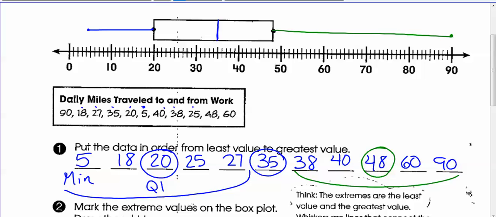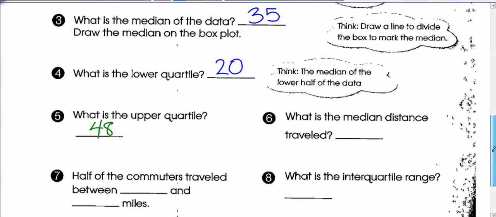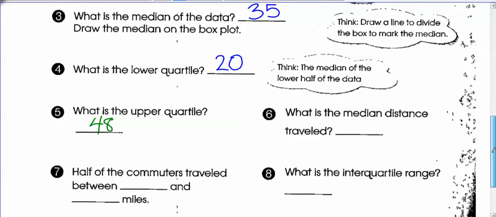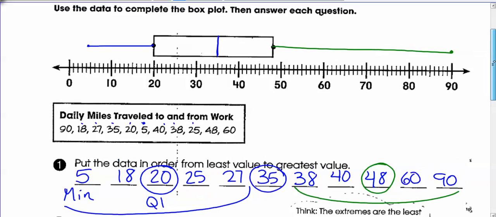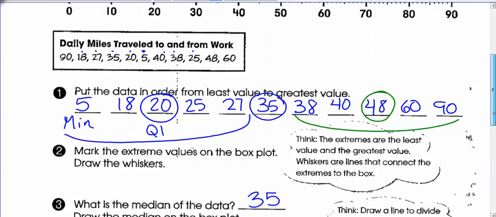All right, so it talked about the 50%. Let me read that question again. It says, half of the commuters traveled between blank and blank miles. So they traveled between 20, right here, you guys see that? And 48, it looks like. All right, so between 20 and 48, which is our Q1 and Q3.